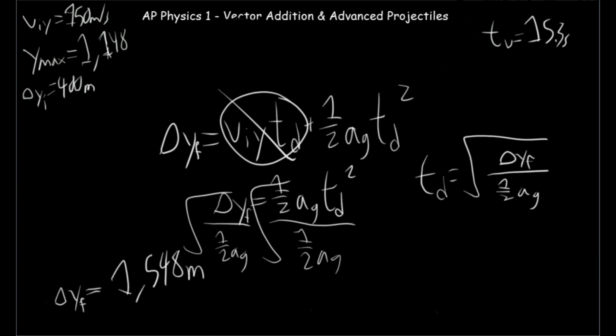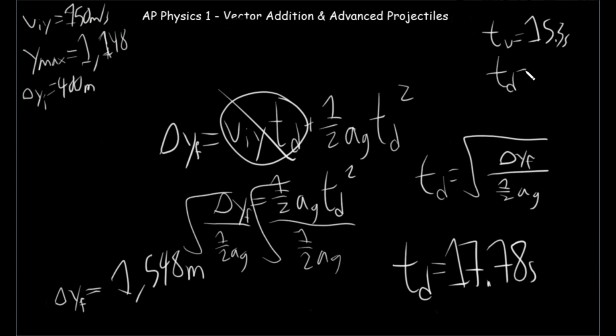Okay. And we would end up with 17.78 seconds. It's actually not as long as I thought it would be, or not so much longer than I thought it would be. So we can just put this here.